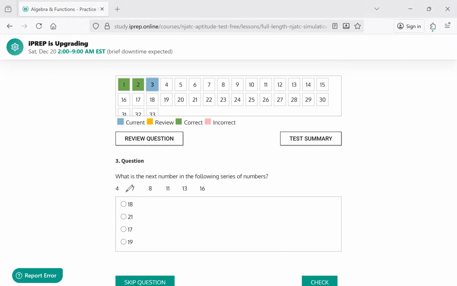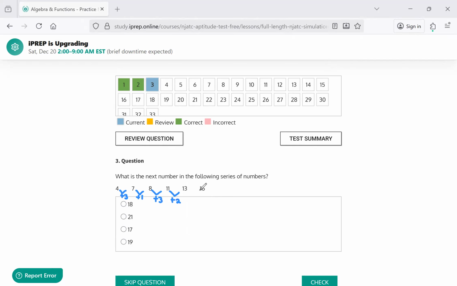From 4 to 7, you had to add 3. From 7 to 8, you had to add 1. I don't think you can multiply anything. From 8 to 11, you add 3. From 11 to 13, you add 2.